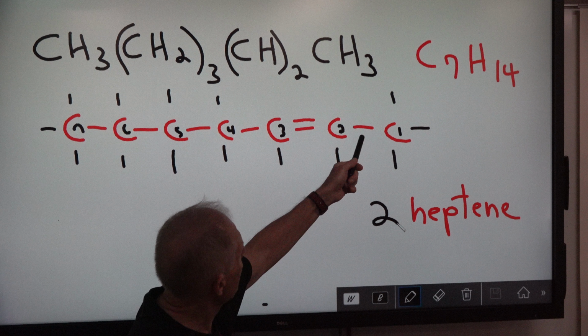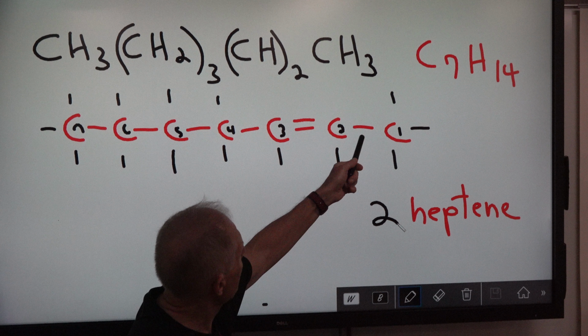So CH3, the first carbon, we have 3 H's. The next 3 carbons, we have 2 H's each. 1, 2, 1, 2, 1, 2. The next 2 carbons, we only have 1 H. And then the final carbon, we have 3 H's.